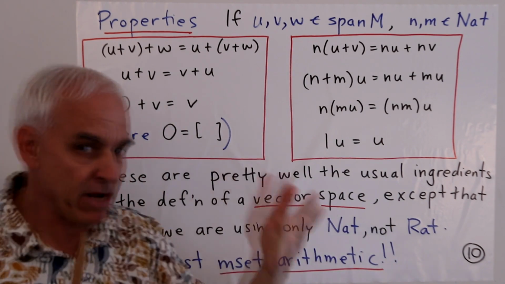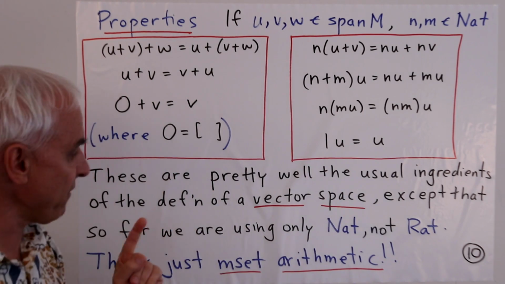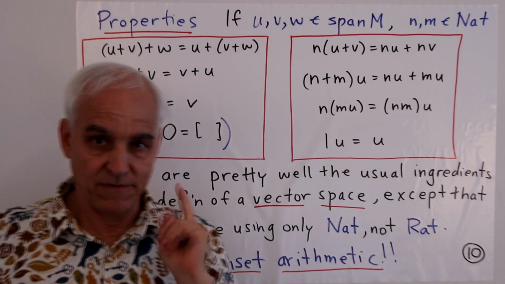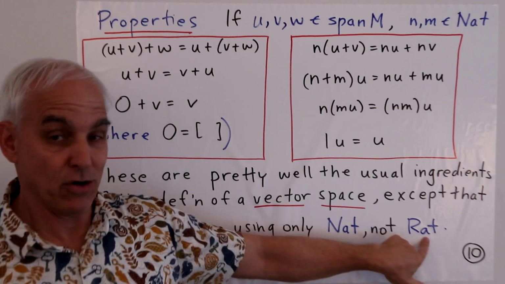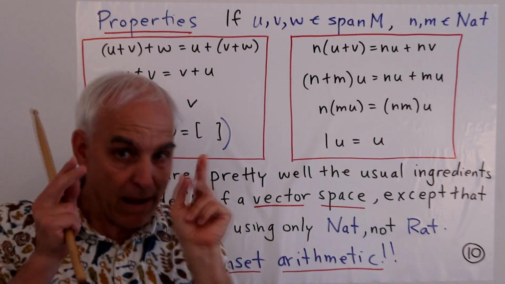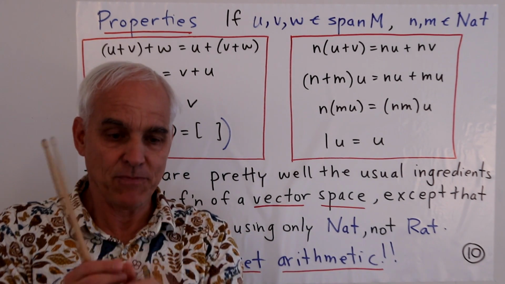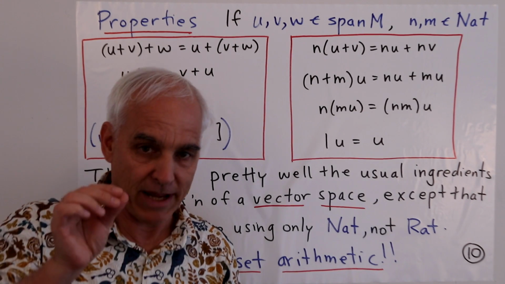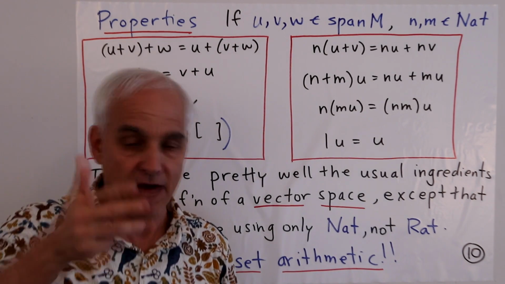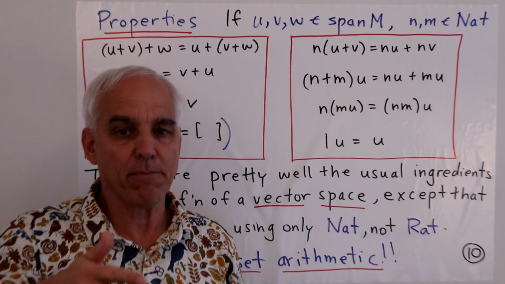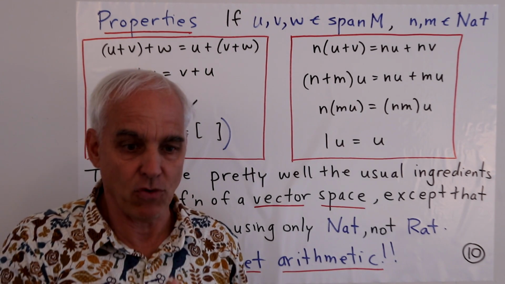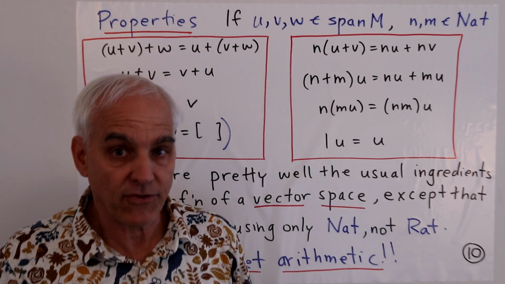This is just a preliminary to that because we don't have integers floating around, or more particularly, we don't have rational numbers. So far, our numbers are just natural numbers. We're only allowing ourselves to multiply msets by 2 or 3 or 5 or 1 or 0, but not by -1 or -7 or 4/3.